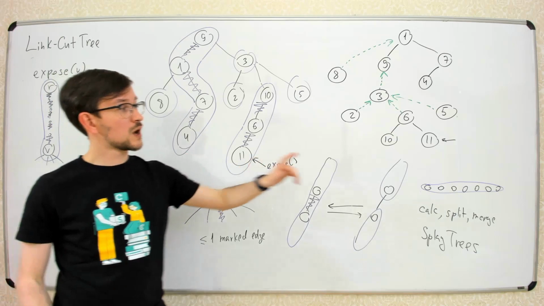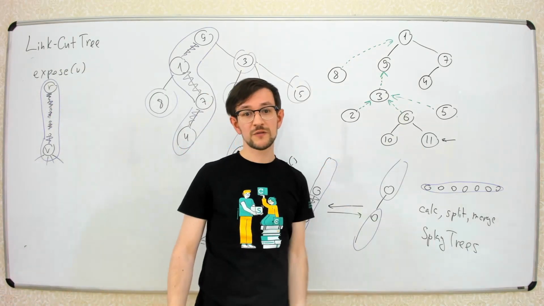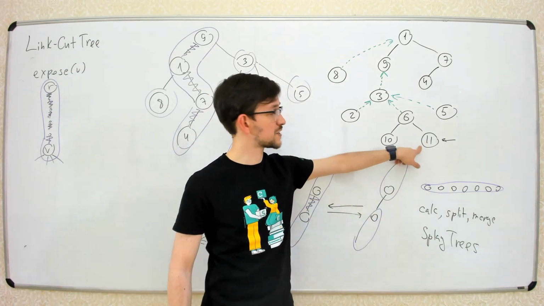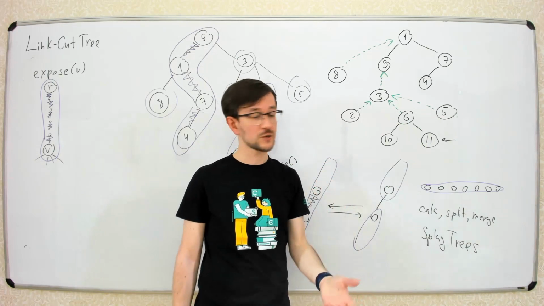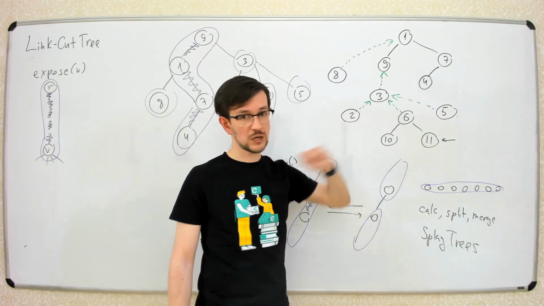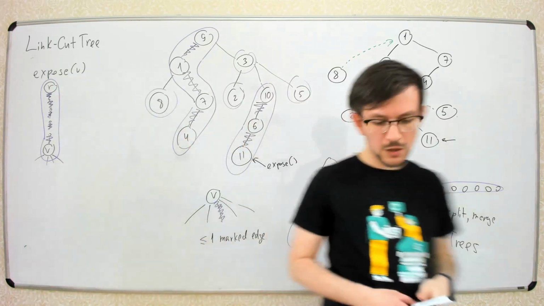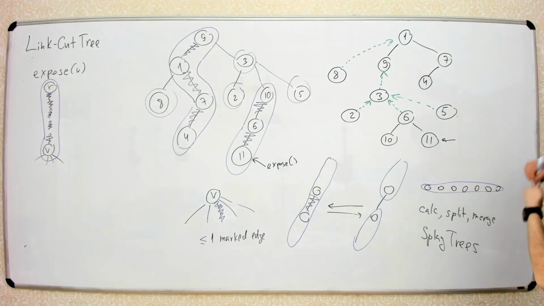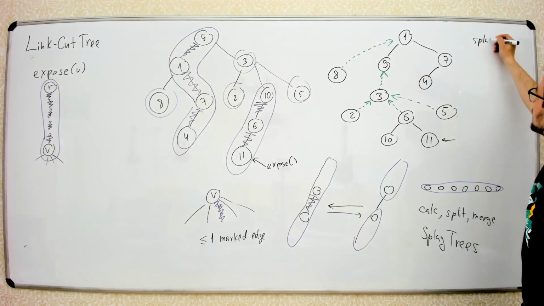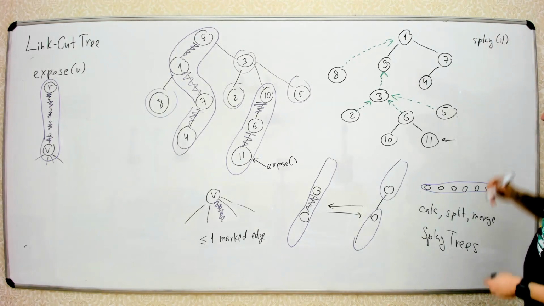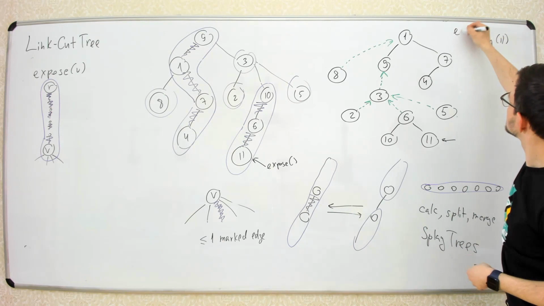So how to do it? Pretty simple. The first thing you need to do when you have a Splay tree and find some node in it is to make a splay operation. So we find this node and make a splay operation in this Splay tree. What happens when we make a splay operation? Let's do it. First we splay 11.